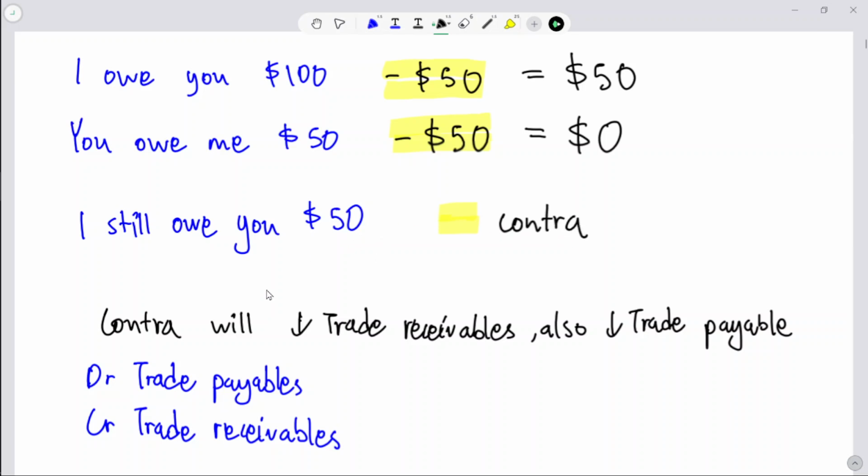Okay, so this one, contra will reduce both amount. So contra will reduce trade receivable, also reduce the trade payable. The double entry will be debit trade payables, credit trade receivables.